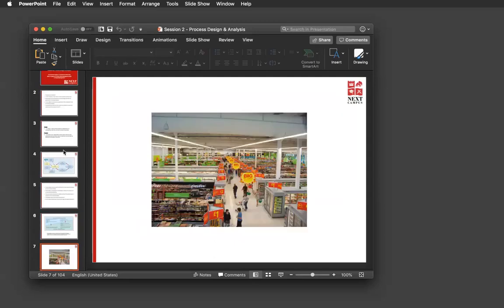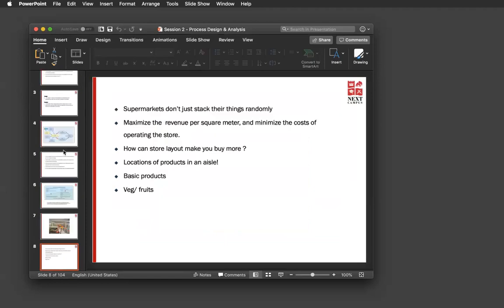So a process will depend on the complexity of your operation, and also depends on whether it is high volume, low variety, or high variety, low volume. Okay. So these are some of the examples. You go to the supermarket, you can think of applying what we actually learned.